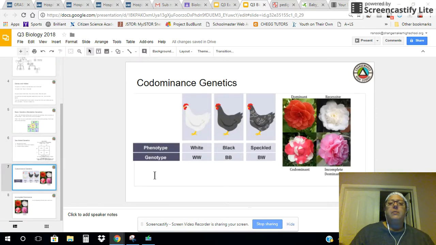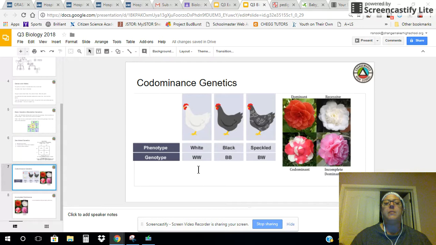Over here, we have something called codominance. Codominance is something that you see a lot in animals. This is where we get the black and white striping of zebras, for example. This is where we get the black and white dots on Dalmatians, for example. So what you see is two traits showing up in the same ratio. So this example is of a white chicken being crossed with a black chicken. And if you notice, we use different types for these particular crosses because this is codominant.